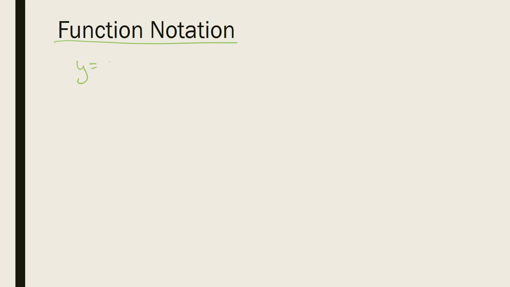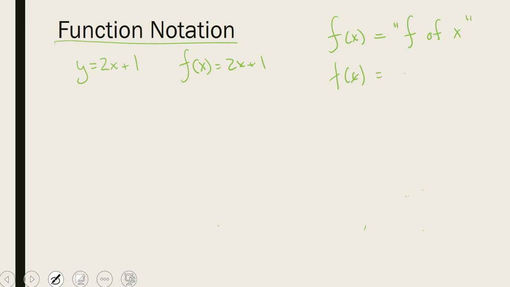So if we have the equation y equals 2x plus 1, another way to write this is to use function notation. Instead of y, I'm going to put this symbol. Now, this symbol is read f of x, or we can say that this means function of x.